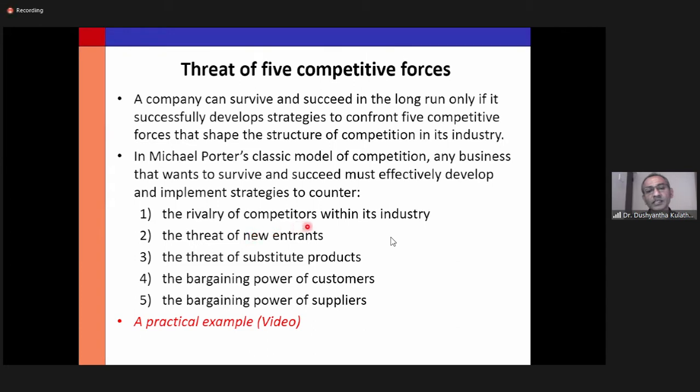The amount of money required is not that much, so a new entrant can enter the retail industry much more easily, increasing the competition among existing competitors. And also the threat of substitute products. Yes, there can be substitute products offered by certain retailers, so that threat can also be there in the retail industry.